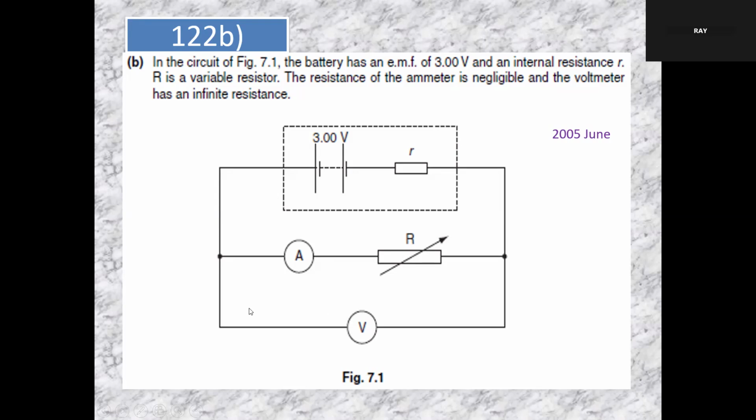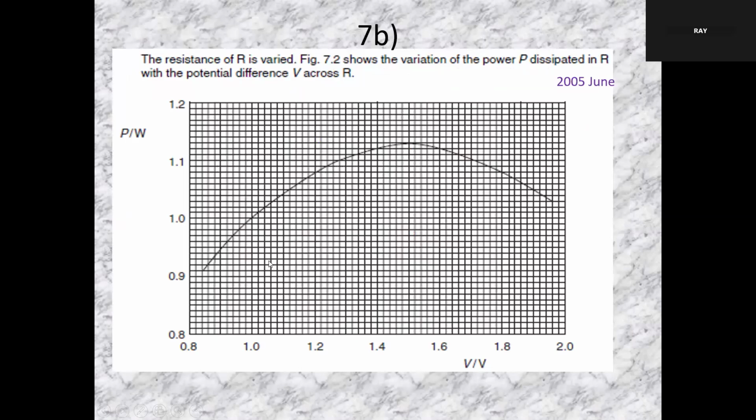The voltmeter just reads the voltage across R. This graph you have to memorize. The resistance R is varied.